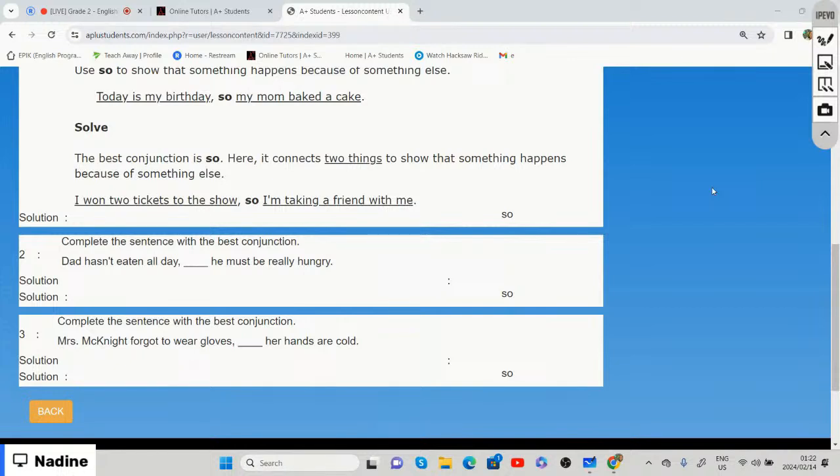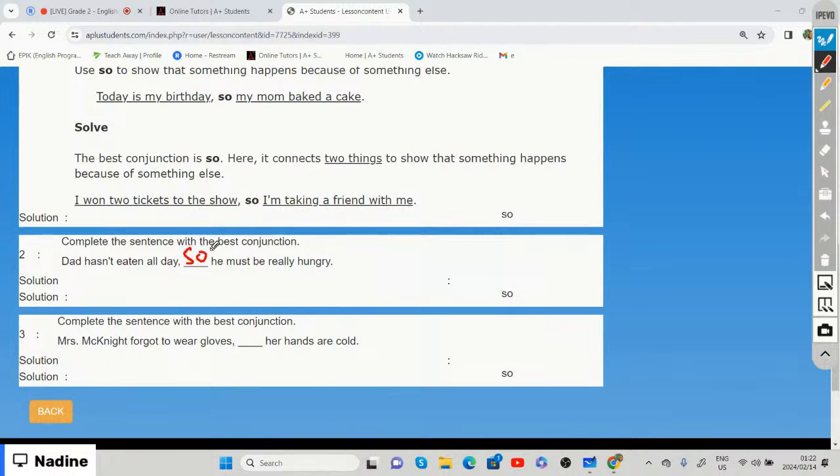So if we complete our sentence, we can say, Dad hasn't eaten all day, so he must be really hungry.